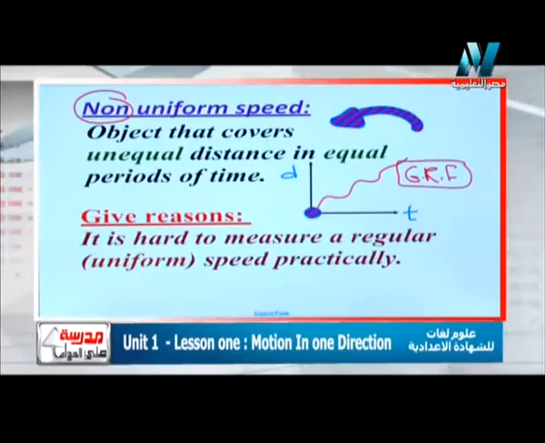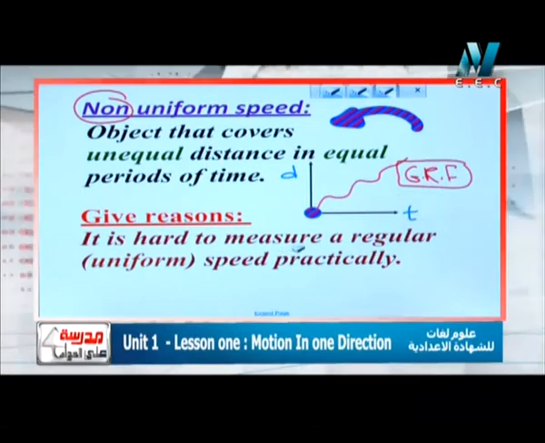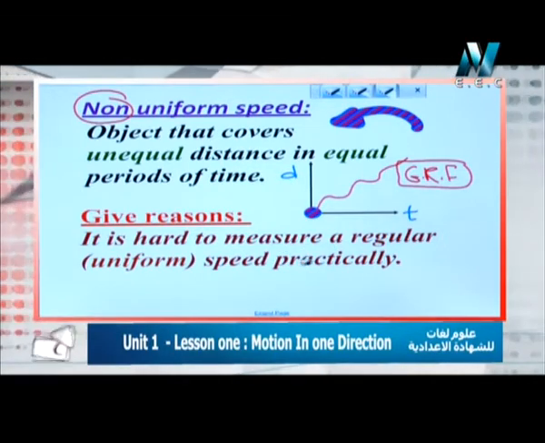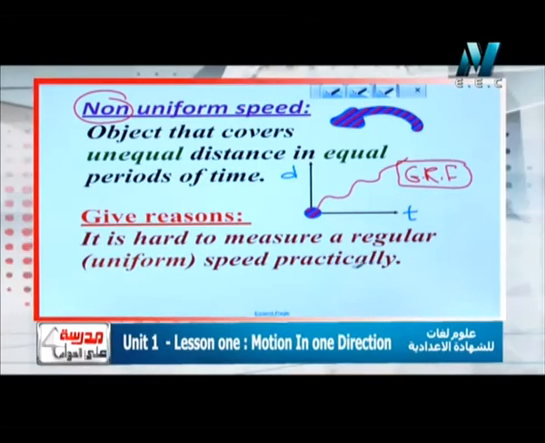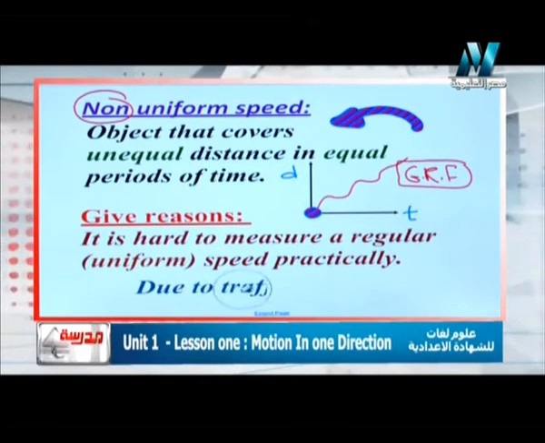So we have a very simple give reason for, the third give reason in our syllabus. Cars, as you see here: it is hard to measure regular or uniform speed practically. How can we answer this give reason for? It is hard to measure regular or uniform speed practically, due to traffic motion.